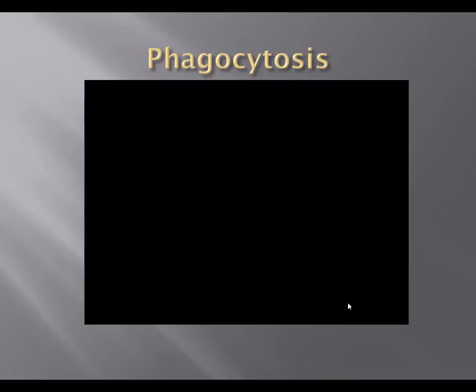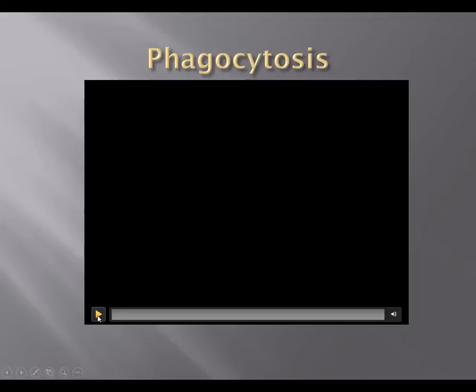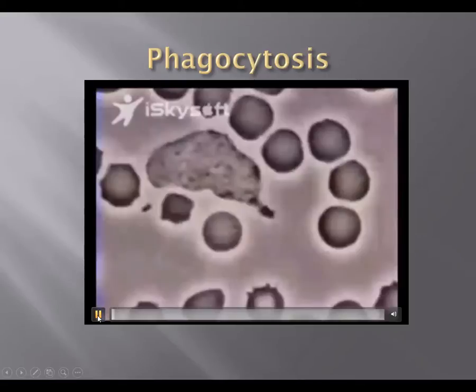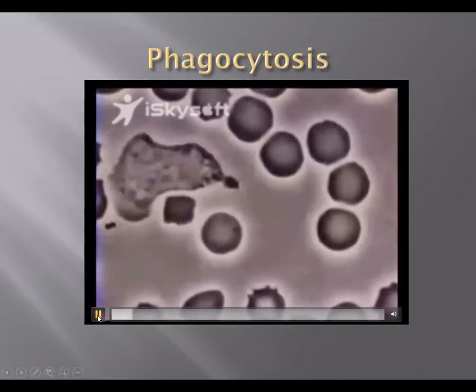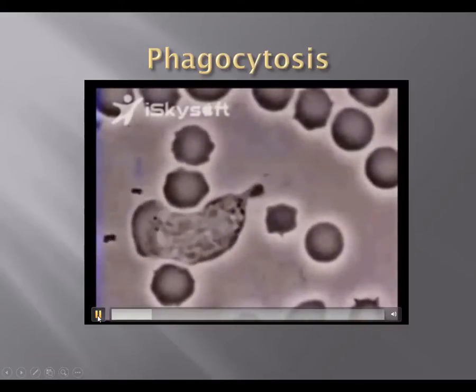Okay, let's look at two videos related to phagocytosis. The first one shows an opsonized bacterium being chased by a macrophage. It's an electron microscopy video, so let's have a look. You can see that poor little bacterium there.